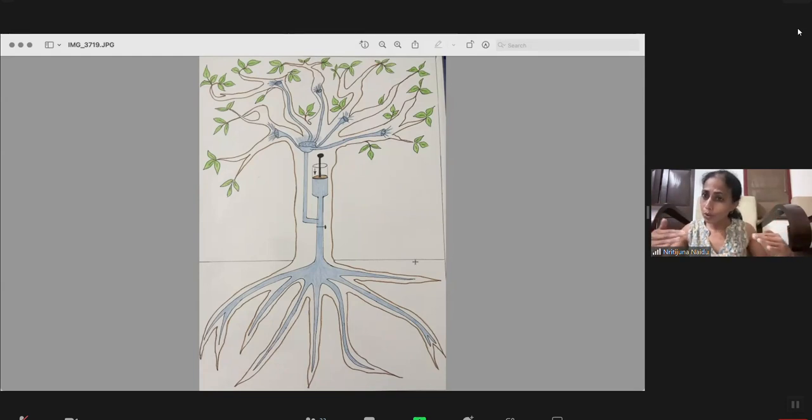So you have the root that is absorbing water and the stem that is pushing this water from one cell to another, one cell to another, like a pump, like a siphon, and sending it to every leaf, to every cell of that leaf.